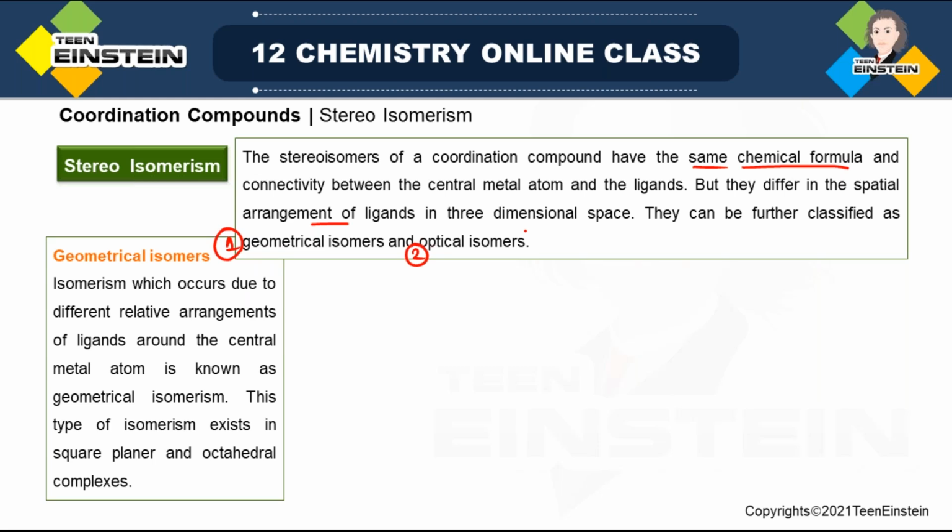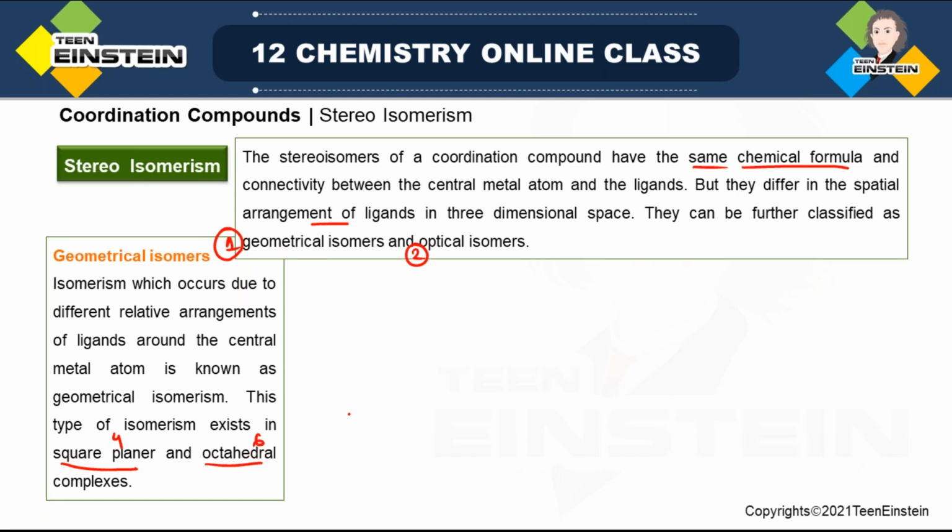So what is geometric isomerism? Isomerism which occurs because of different relative arrangement of ligands around the central metal atom is known as geometrical isomerism. It is present in square planar, when it is 4 coordination, and octahedral, when it is 6 coordination.